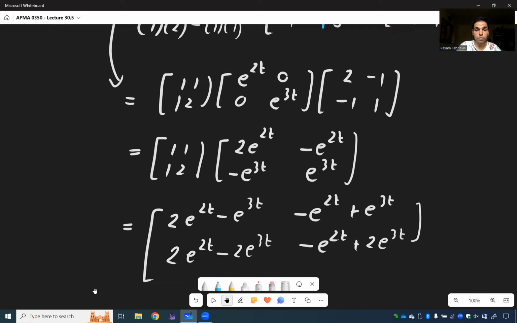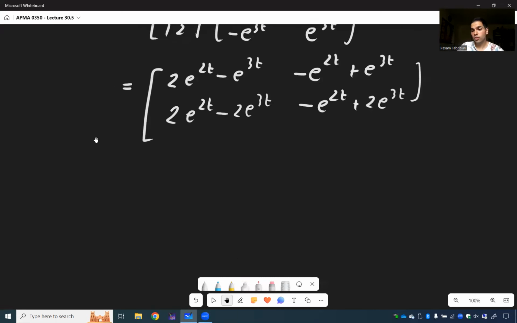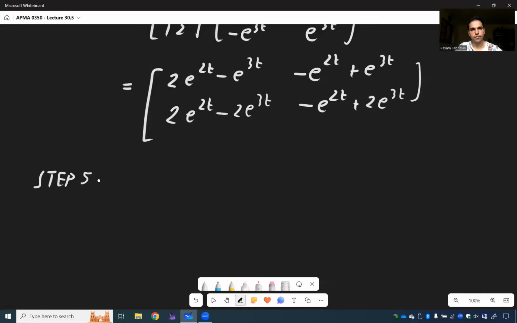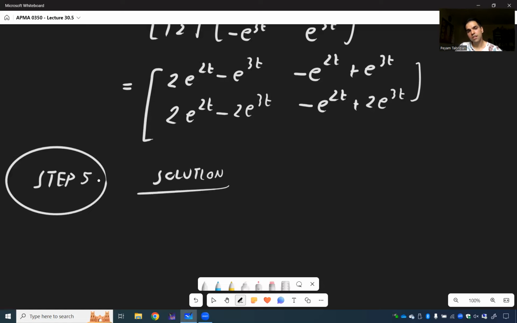And once again, the beautiful thing is to now find the solution. So step 5, solution. You can directly multiply this matrix by the initial condition, which I like to remind you was just 3 and 2.